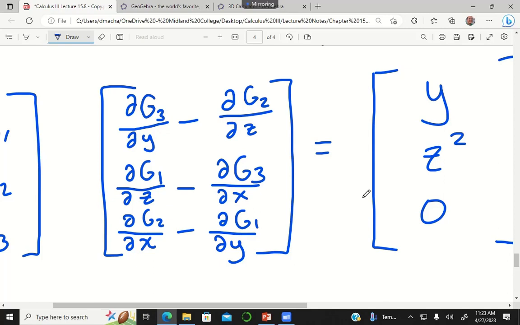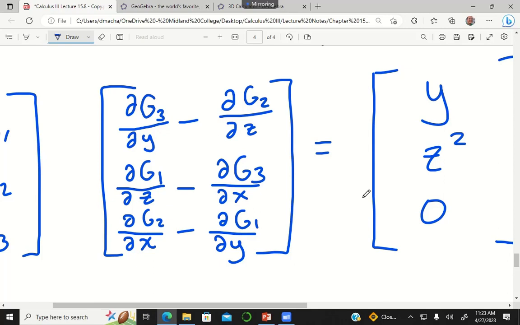You only take the partial with respect to Y and X. The other thing is G2, you never take the partial with respect to Y. You only take the partial with respect to X and Z. And with G1, you never take the partial with respect to X. You only take the partial with respect to Y and Z. And so if you keep those exclusion rules in mind, then you can actually reason out the rest of it, right? If I already picked G3, then I can't pick G1, so I have to pick G2. And I don't know.